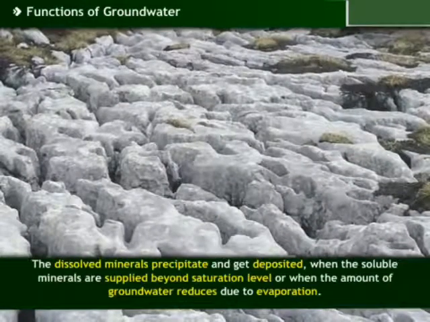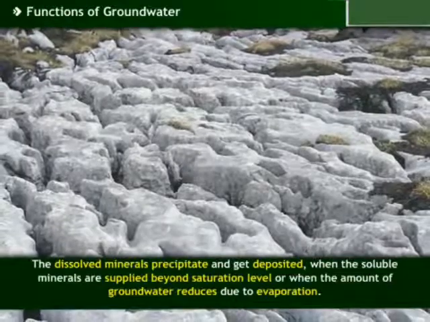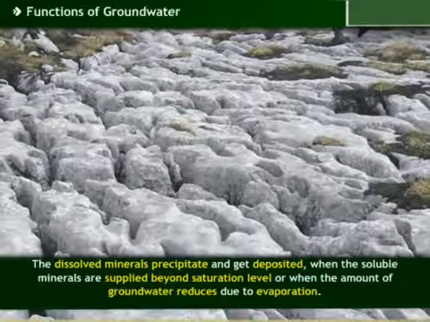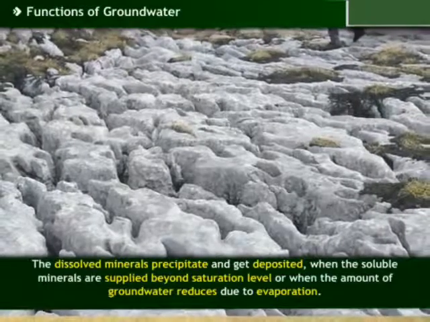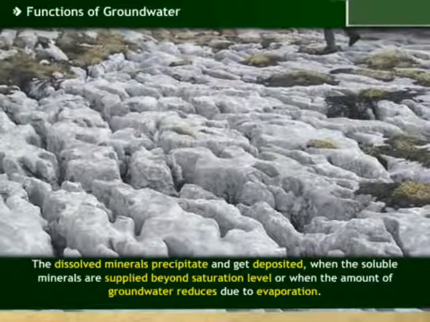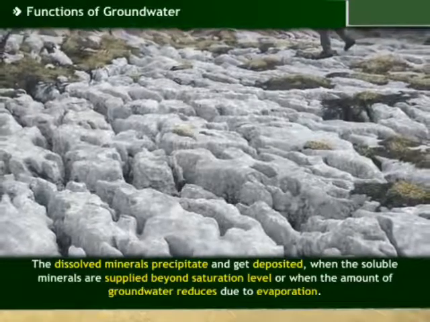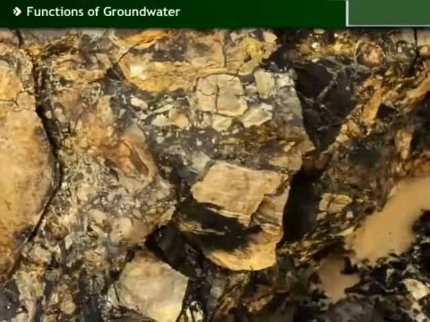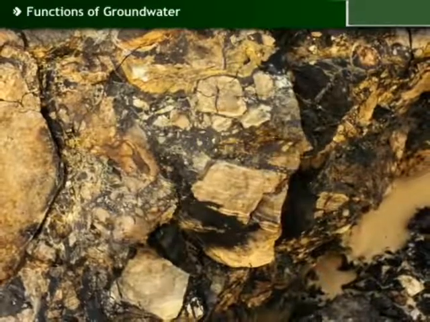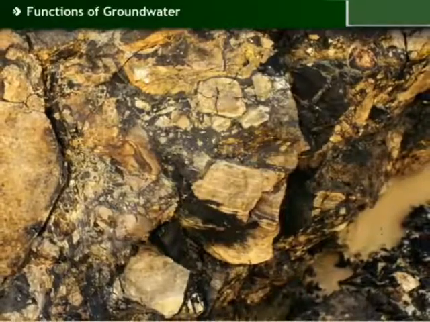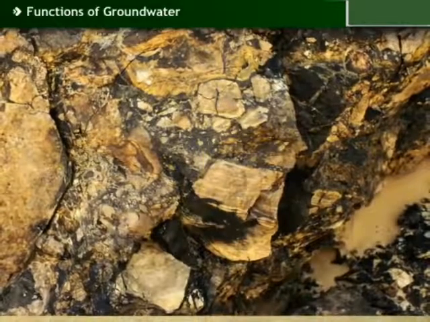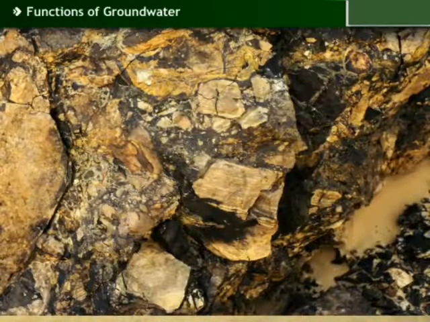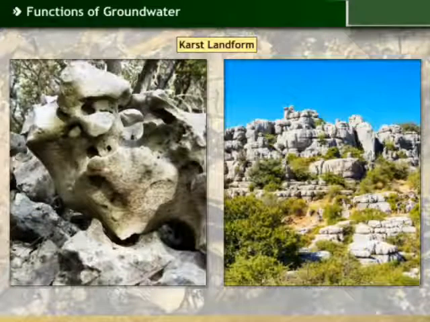The dissolved minerals precipitate and get deposited when the soluble minerals are supplied beyond saturation level or when the amount of groundwater reduces due to evaporation. The work of groundwater is dominant in regions where the rocks contain a large amount of soluble minerals.